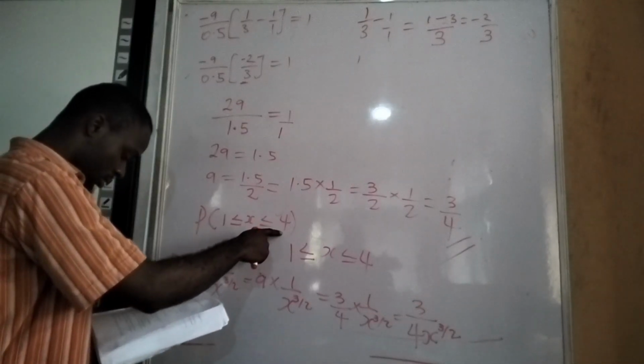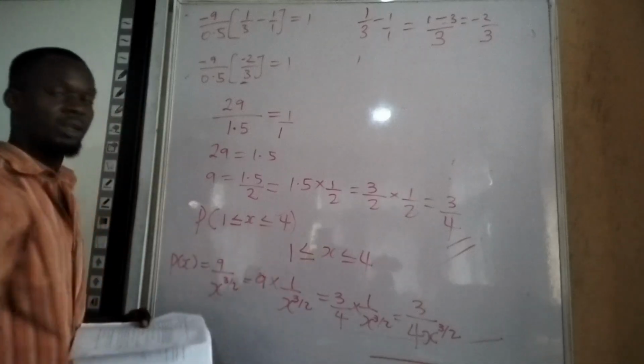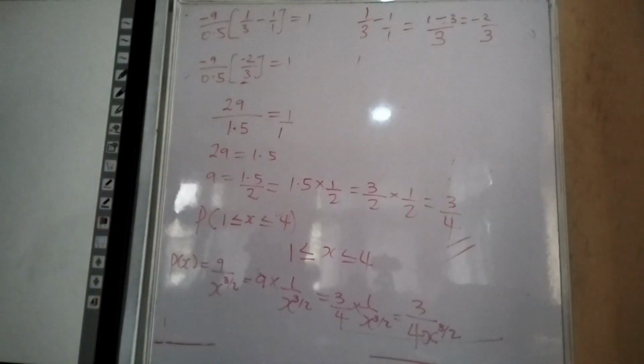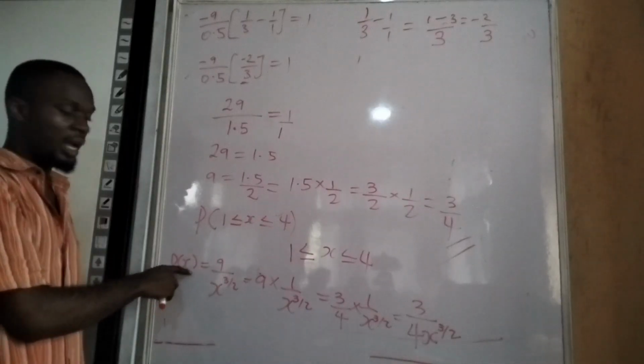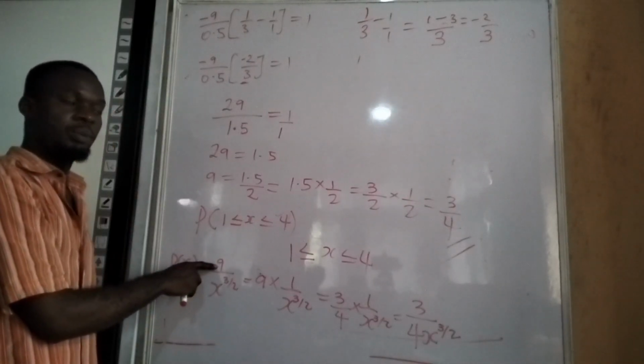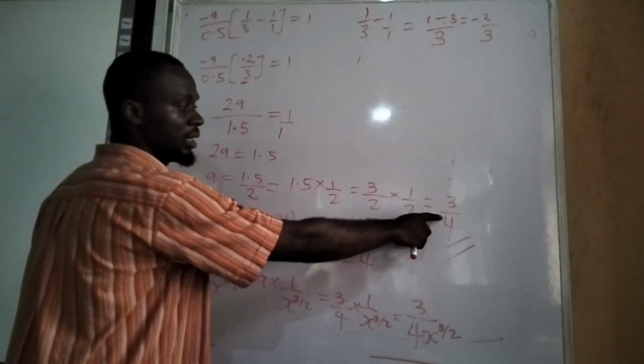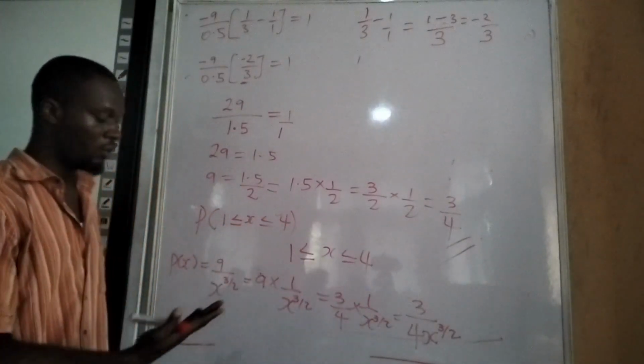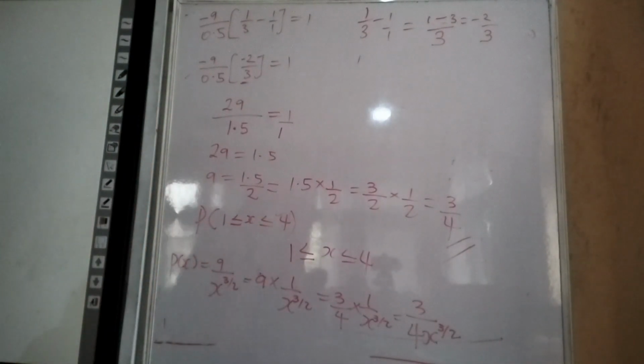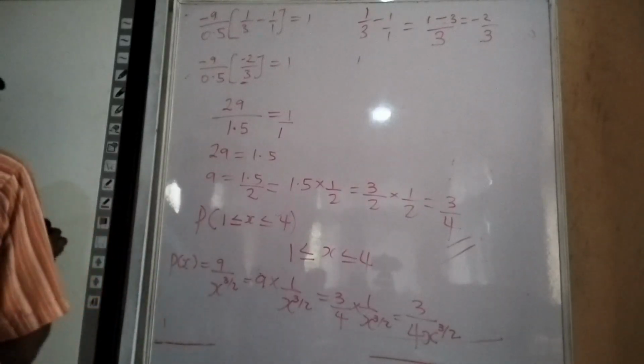Then we'll go back to the function P of S and replace A with what we've gotten already. A is 3 over 4. Is it recording? Yes. Let me write it.